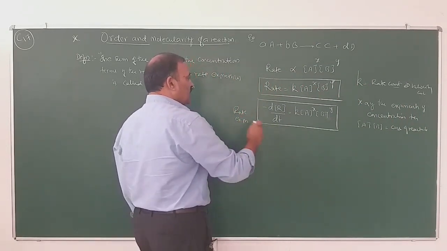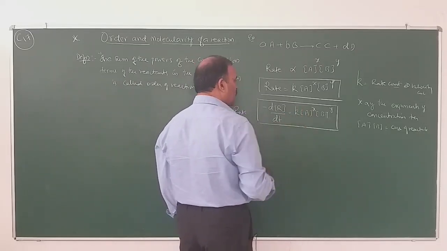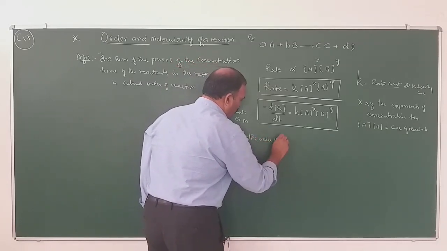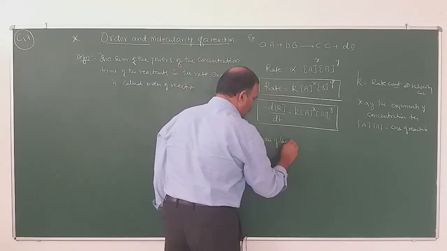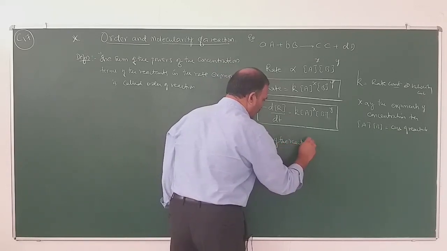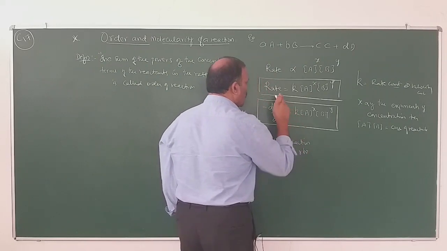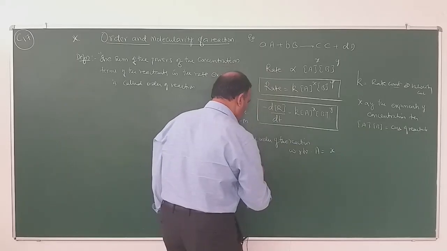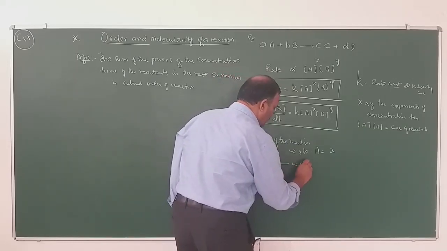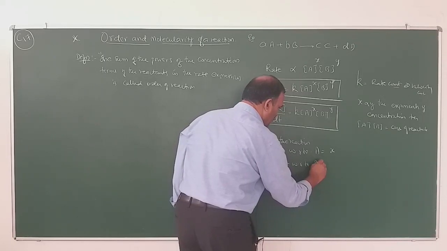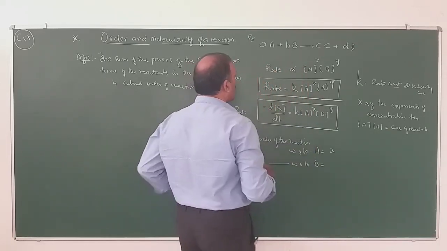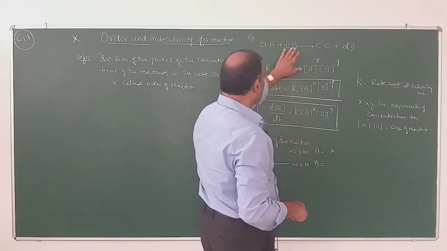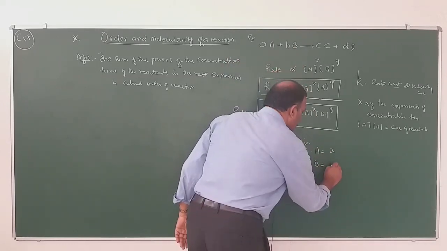So now in this rate expression we can determine the order of this reaction. The order of the reaction with respect to reactant A is equal to small x. Similarly, the order of this reaction with respect to reactant B is equal to small y.